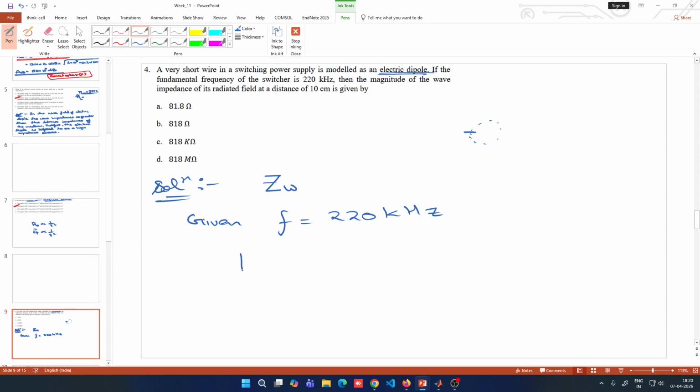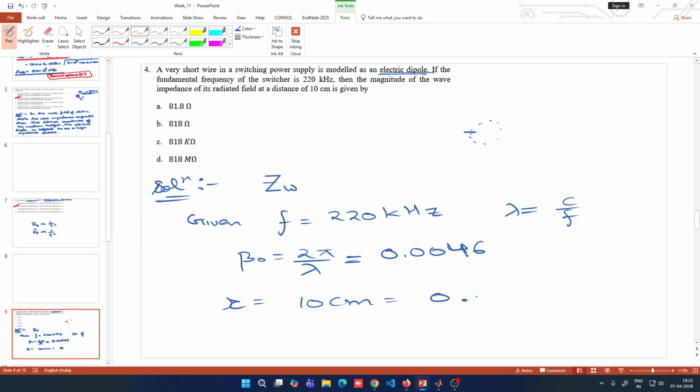From this we can find beta naught, which is 2 pi by lambda, where lambda is C by F. When we solve it, we get 0.0046, and the distance R is given as 10 centimeters, so it will be 0.1 meter.